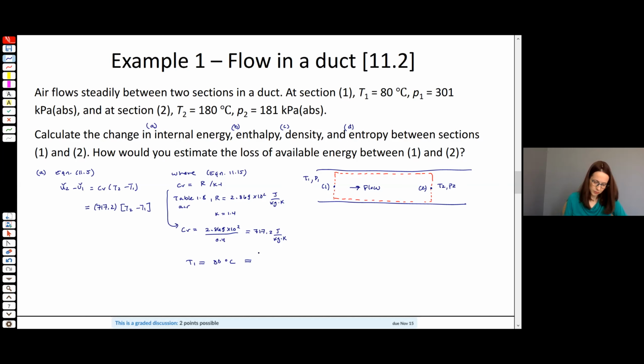So here we have to add 273 to get 353 Kelvin, right? And T2 likewise is given as 180 degrees C plus 273, which is equal to 453 Kelvin, right? So that's the temperature difference we've got.